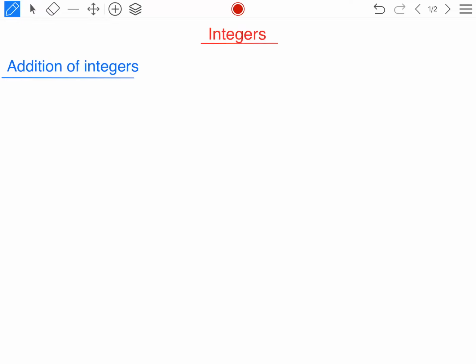Okay, see, the first thing is, let us revise what absolute values were. Absolute value means the numerical value, yes or no? For example, what is the absolute value of -5? You'll just simply remove the sign.